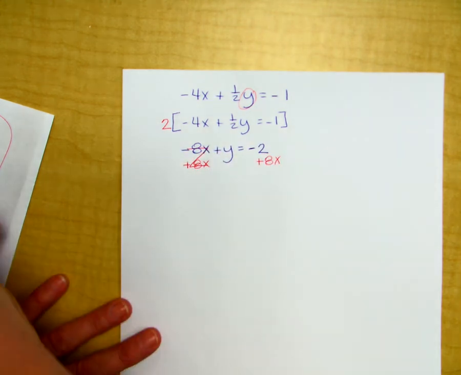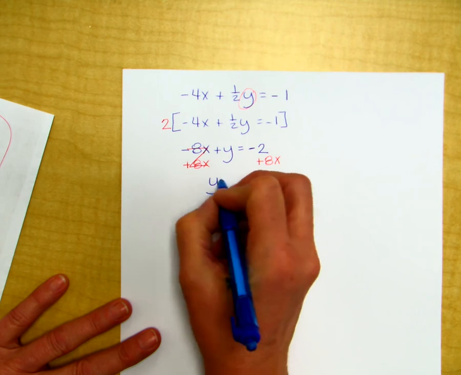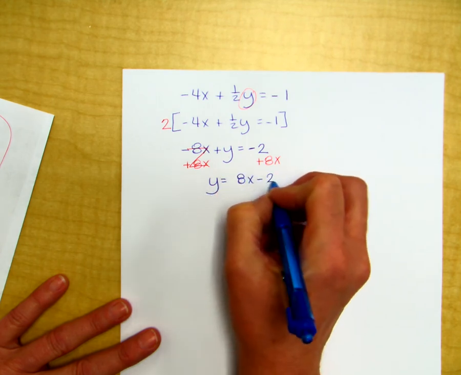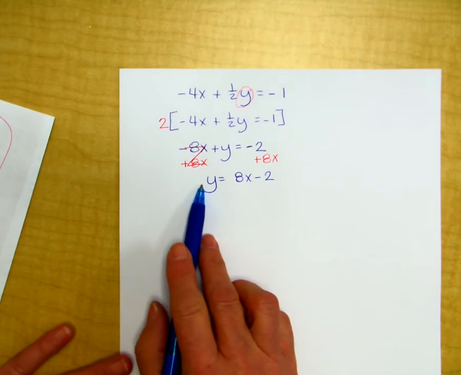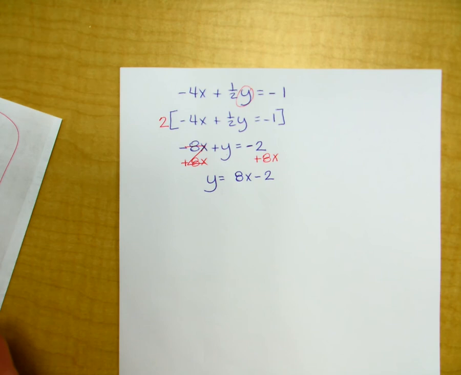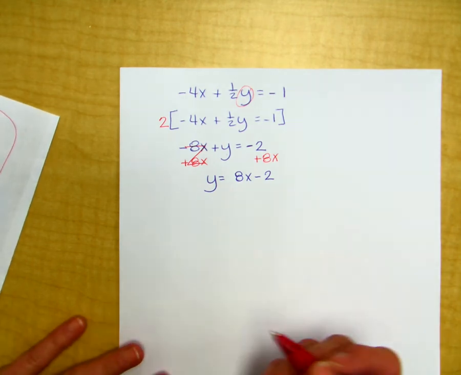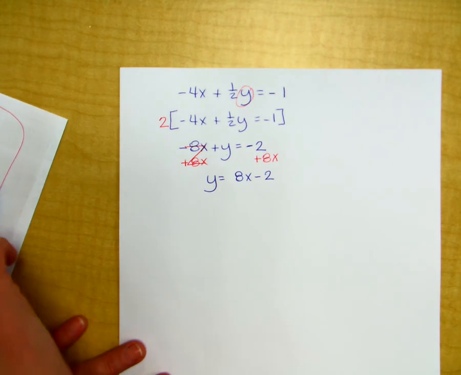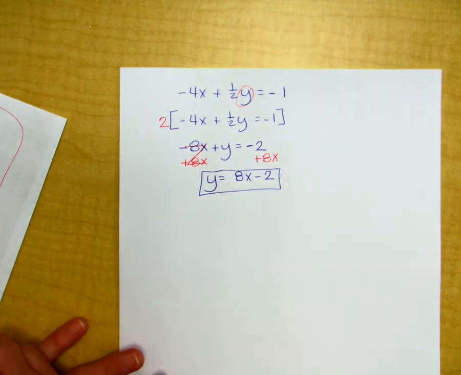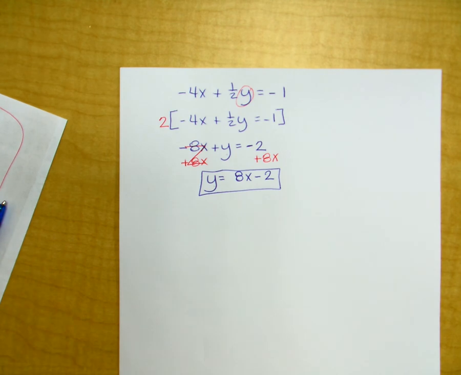This side, the pair zeroes out, y equals, and we have our 8x minus 2. And since the coefficient of the y term here is 1, there is nothing that we need to add, multiply or divide to get the y alone. It is already alone, so our equation is complete. y equals 8x minus 2.